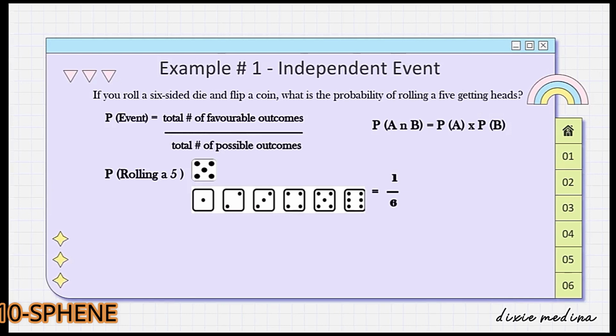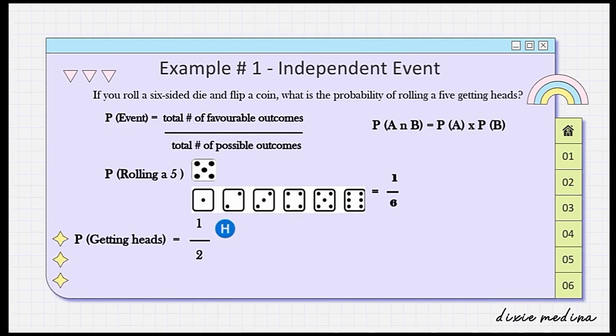On event 2, we know that the probability of getting heads is equal to 1 over 2 or 50%. And we know this because there's only one desired outcome, which is getting heads. And there are a total of 2 possible outcomes since the coin can land as a head or tails. And now we have the probabilities of each event. We can now use this formula.